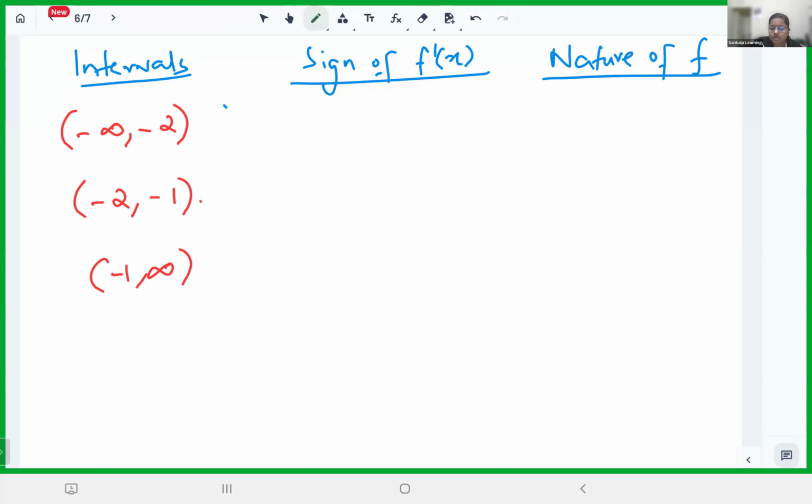So first consider the first interval, -infinity comma -2. Take any point in that interval. Let's take -3. Okay, -3 belongs to -infinity comma -2, right?